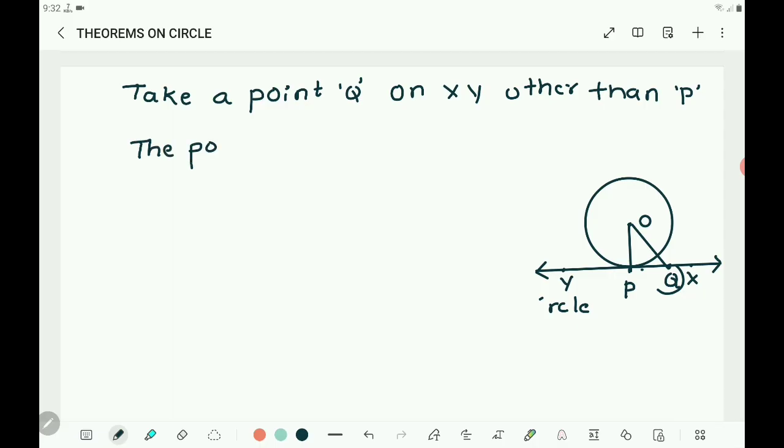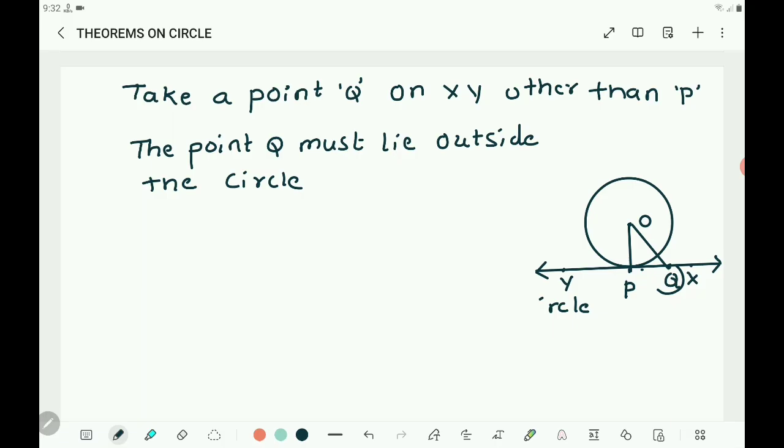The point Q must lie outside the circle. Reason?